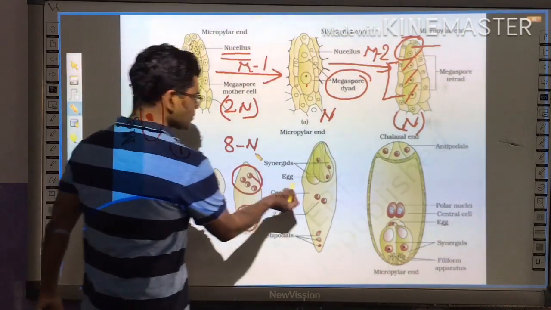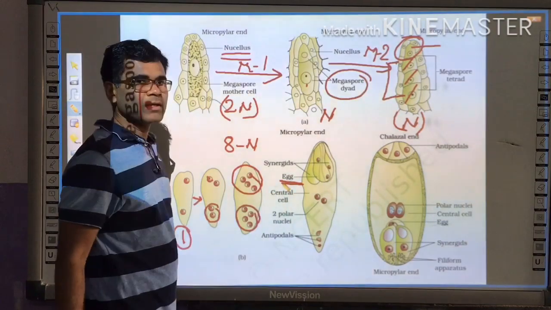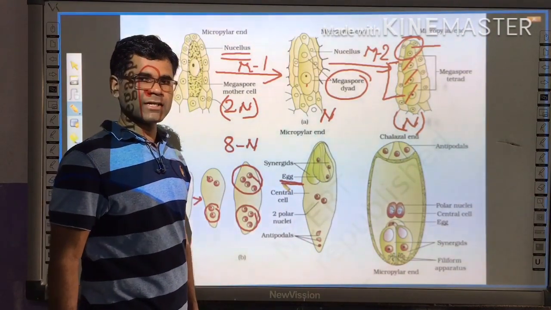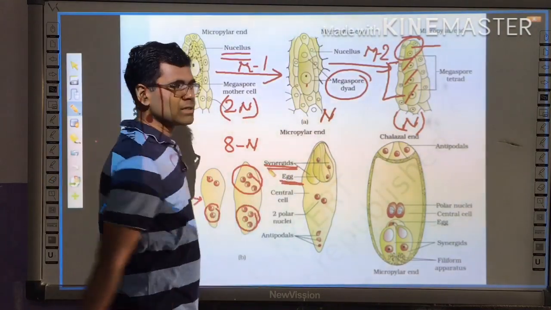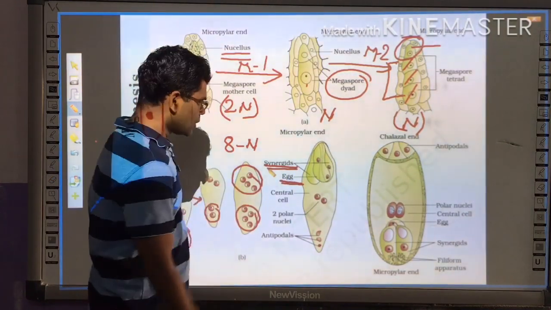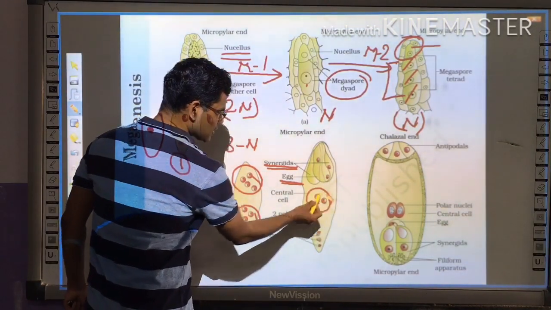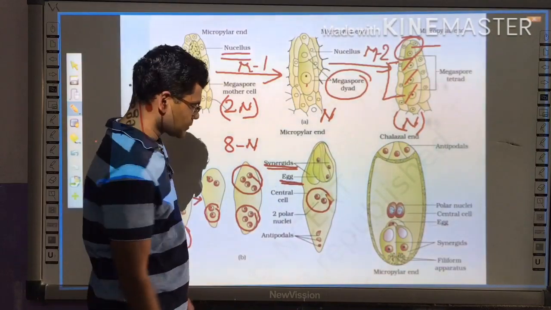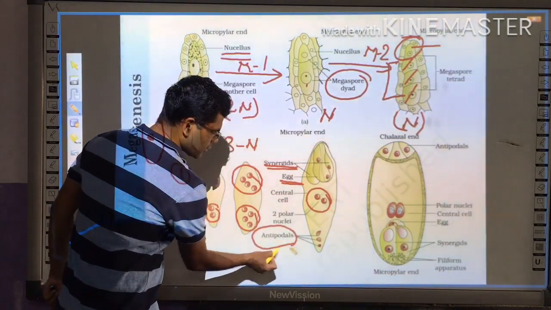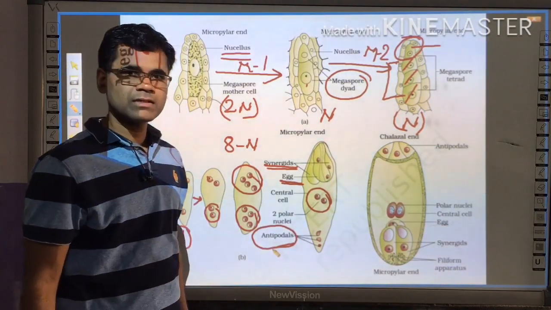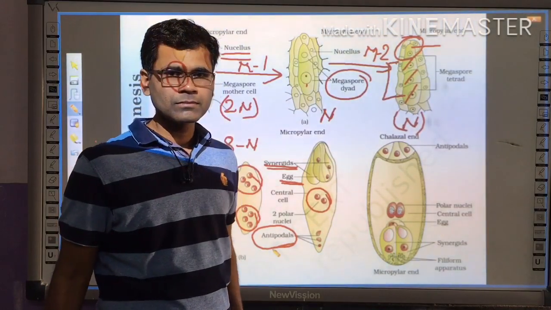Out of that, one nucleus will form the egg, that is the ovum. 2 nuclei will form synergids. 2 nuclei are present at the center, and this is called the central cell, and the rest of the 3 nuclei form antipodals, migrating to the antipodal end.